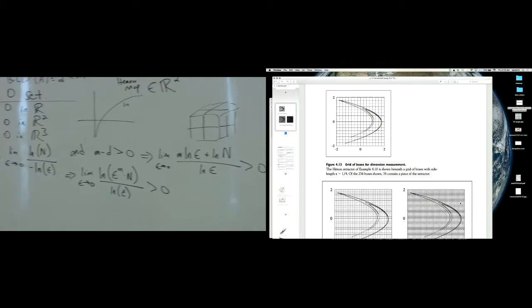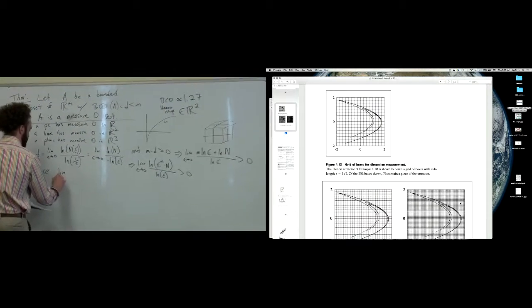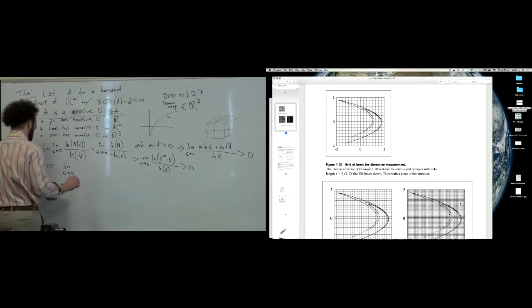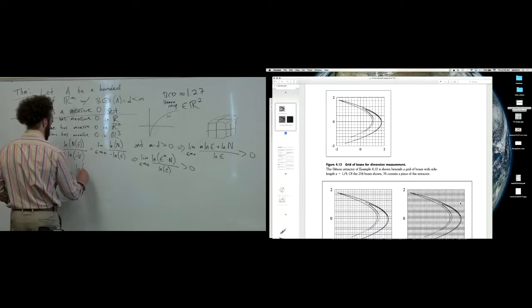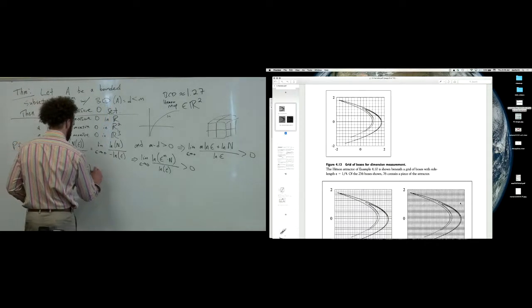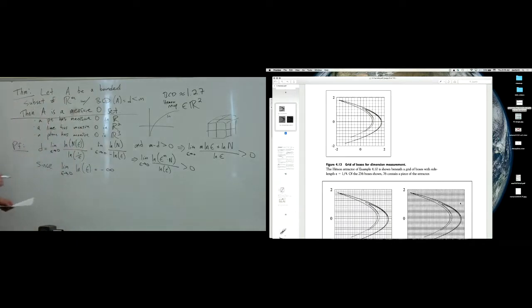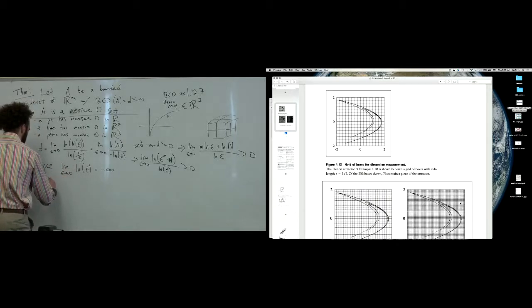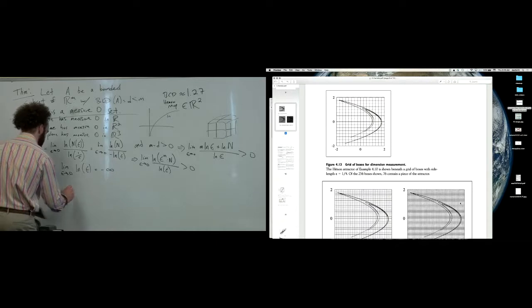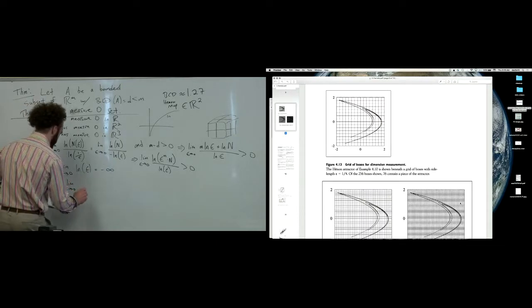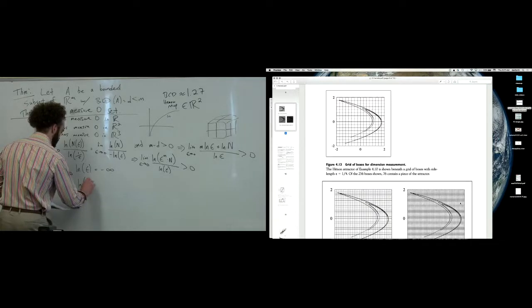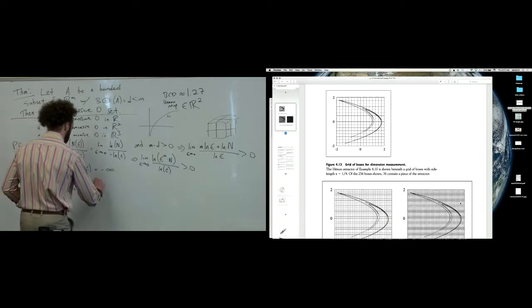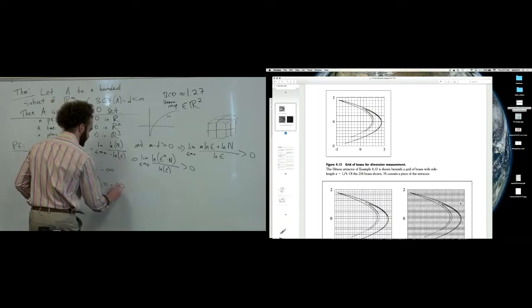So since the limit as epsilon goes to 0 of this denominator, ln of epsilon, is minus infinity, according to our log function, we know that the numerator, limit epsilon goes to 0 of ln of epsilon to the m times n, this is also minus infinity.